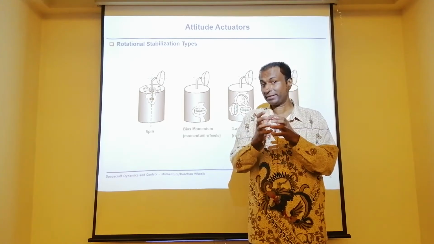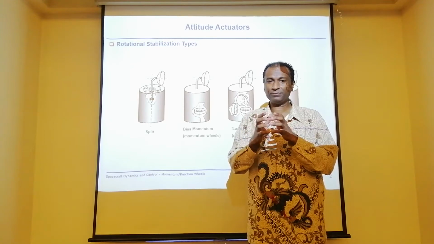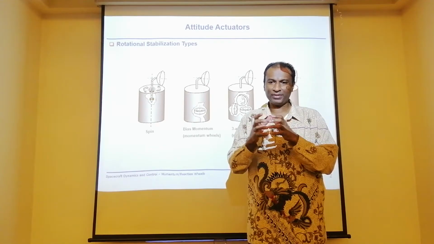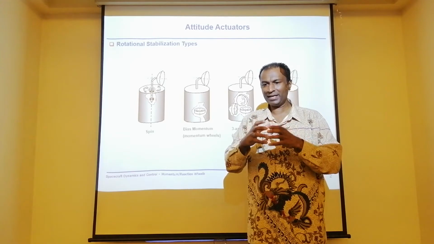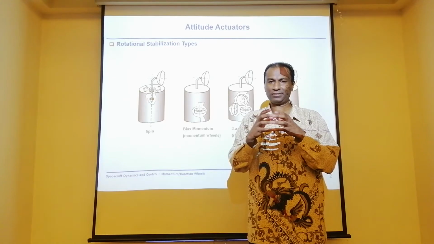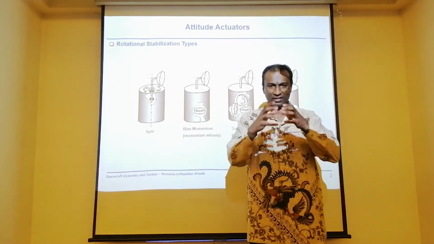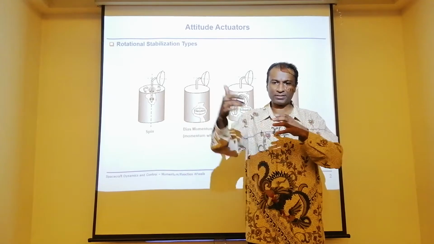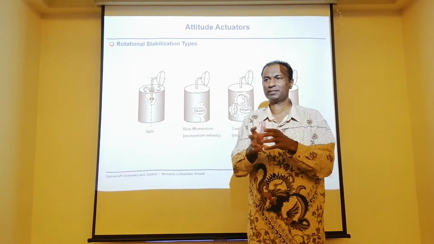It has an angular momentum. What is angular momentum? Inertia times the angular speed. When you have a high amount of angular momentum, it gives you gyroscopic stiffness. That means it's very stiff, and when external disturbances come and disturb the satellite, it would not be disturbed in that sense.